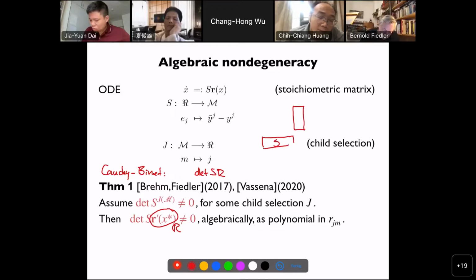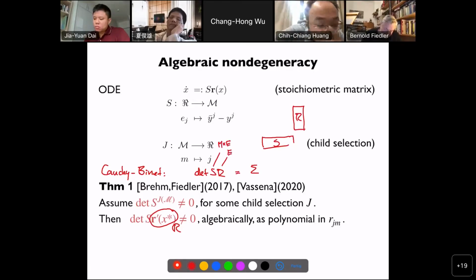This is S and this is R. Yeah. Then Cauchy-Binet says this is the sum over the M element. So now I have to say this is M cross E. This is E cross M.